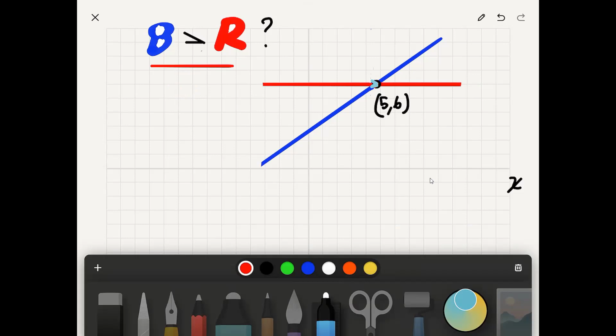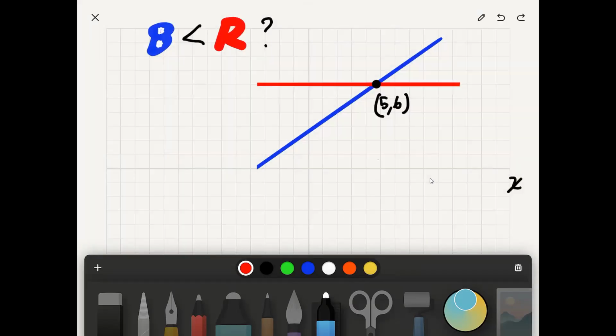So if you go to the right of that, you can see that the blue line is always above the red line. So anything to the right or greater than 5, you're going to have the blue line above the red line. So that's what you would say. When x is greater than 5, the blue line is always on top of the red line, period.